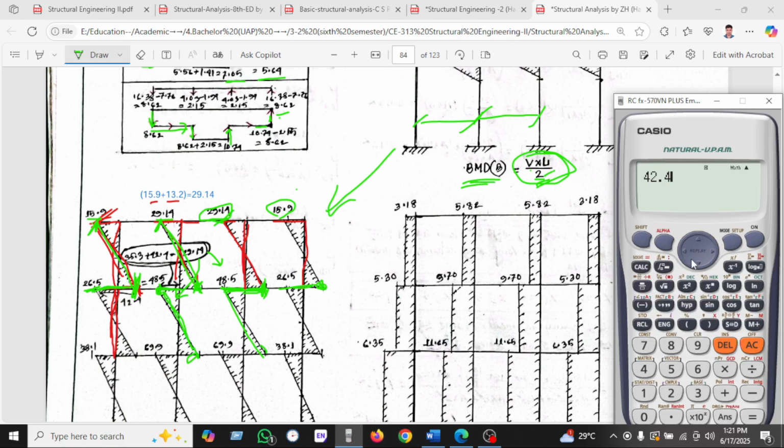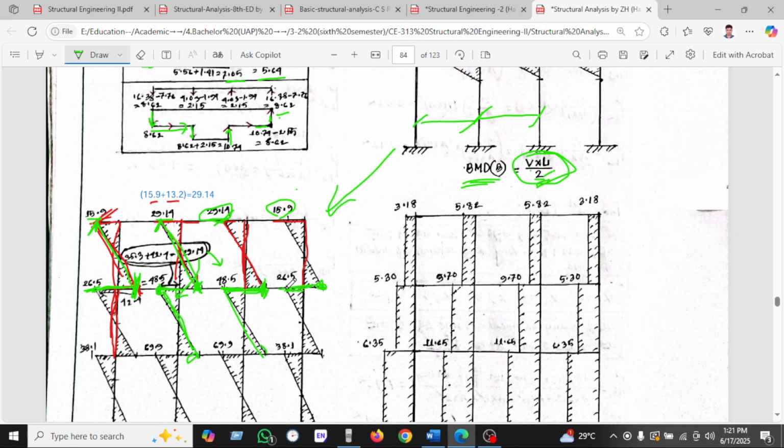So I'm just deducting this value, minus 15.9. So how much will it be? It will be 26.5. So that's why 26.5 is taken by this column. Okay, I hope that you can understand.